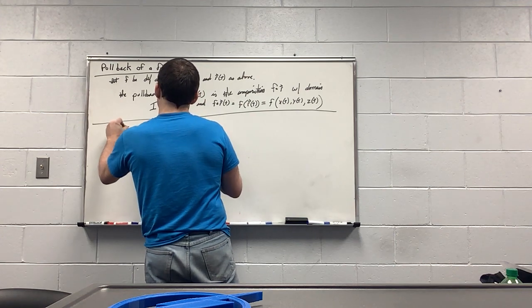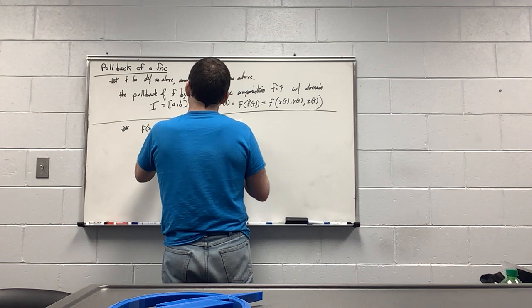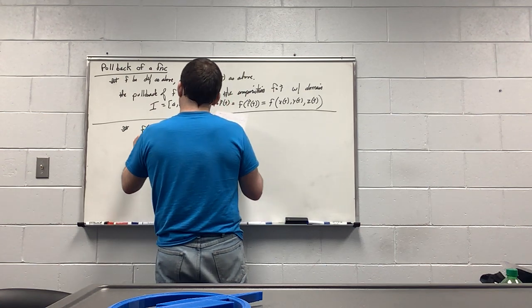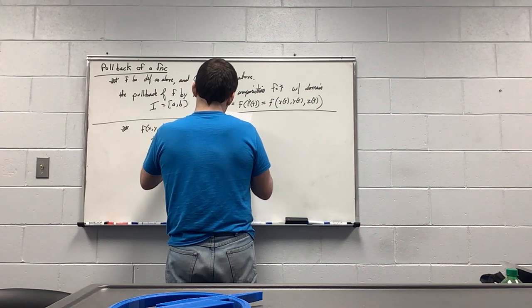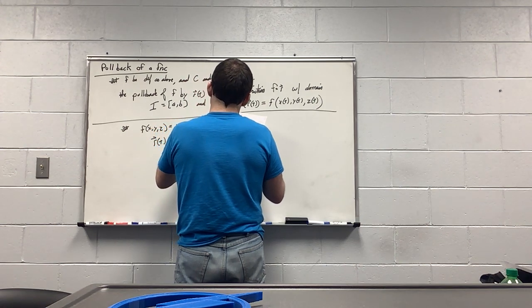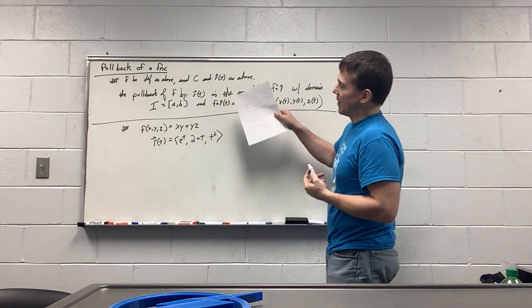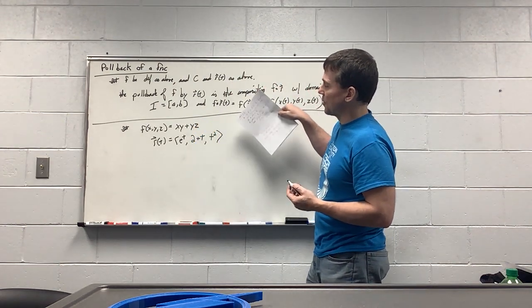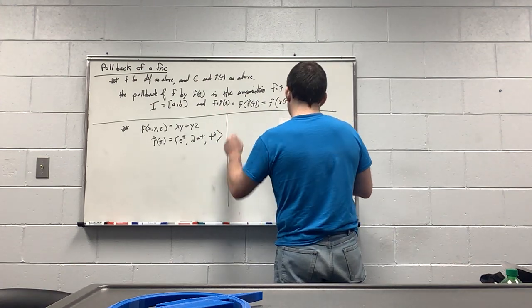Suppose we have this. Let f of x, y, z equal xy plus yz, and let R of t equal the parametrization e to the t, 2 plus t, t squared. So I have my 3-variable function defined on R3. I have my simple, smooth, parametrized curve R of t.